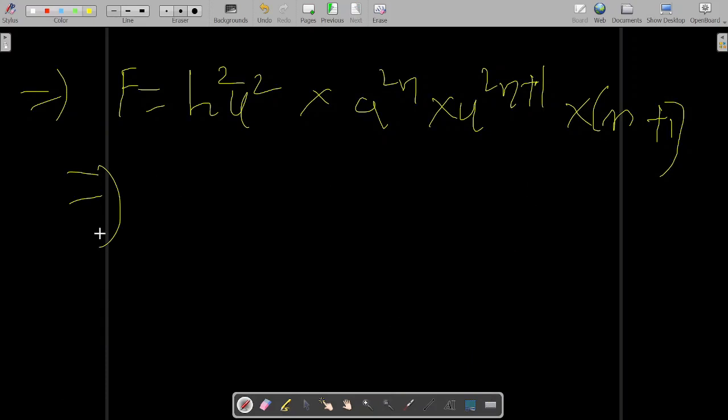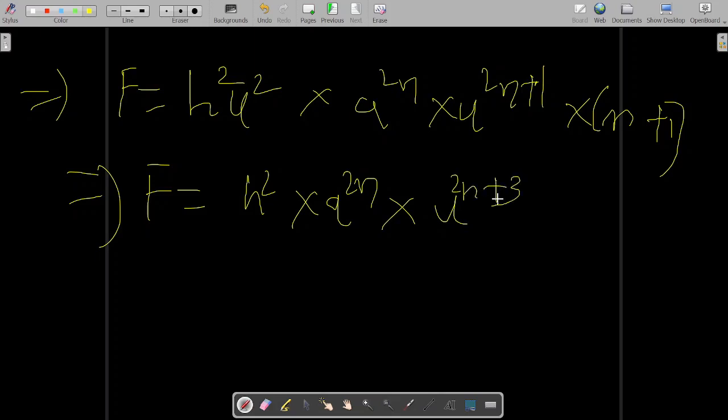So that implies in turn f is equal to h square into a to the power 2n into u to the power 2n plus 3 into n plus 1.